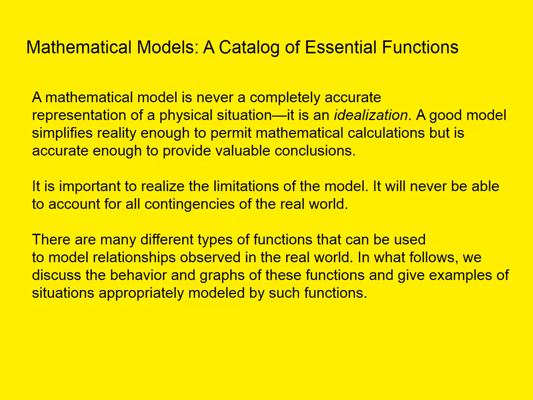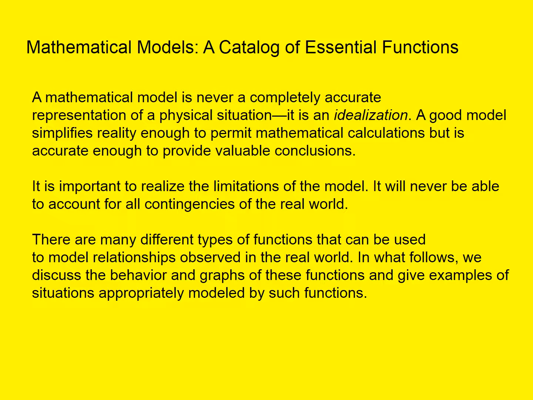There are many different types of functions that can be used to model relationships observed in the real world. In what follows, we discuss the behavior and graphs of these functions and give examples of situations appropriately modeled by such functions. Your inferences, your predictions, are only as good as your model is reflective of the real world.